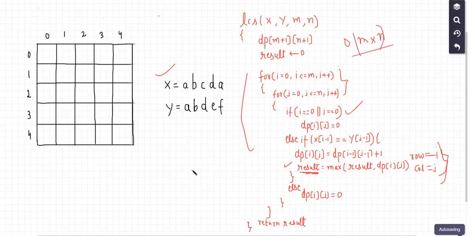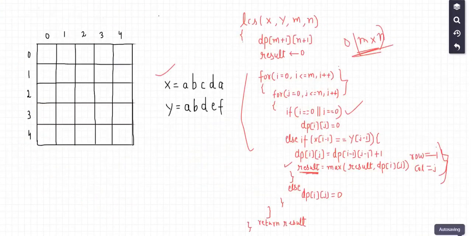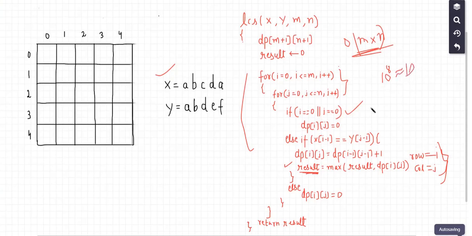This will work fine for these constraints, because 10 raised to the power 4 into 10 raised to the power 4 will be 10 raised to the power 8 in the worst case, which will work approximately in 1 second, and this is the time limit for most of the judges.